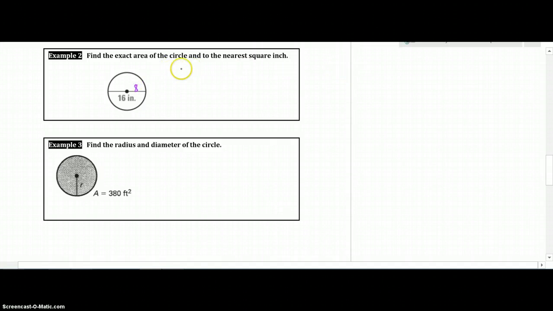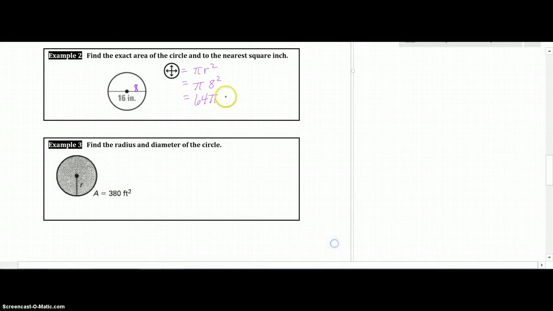So area equals pi r squared, and keeping with my pattern of writing the formula out first, that will help. So pi times 8 squared. We want to square that 8 first before we multiply by pi, so 8 squared is just 8 times 8, or 64 pi.